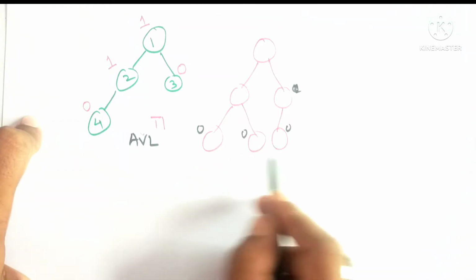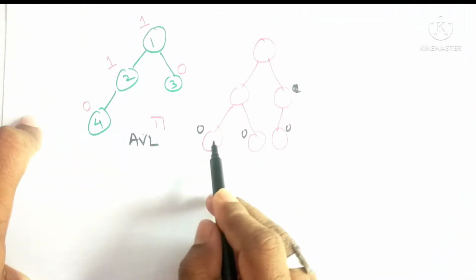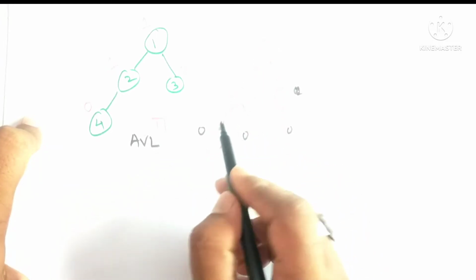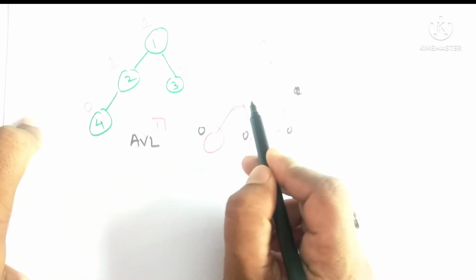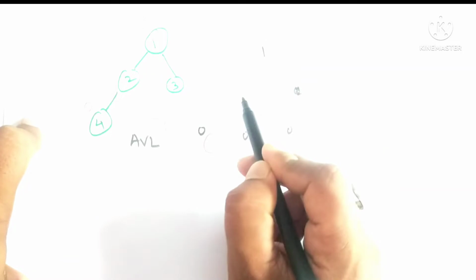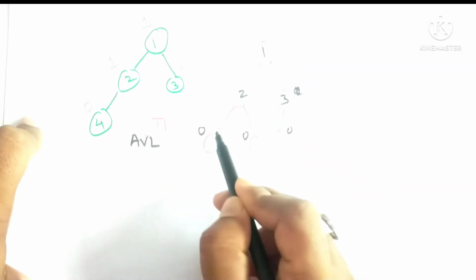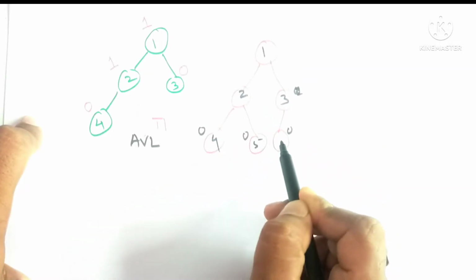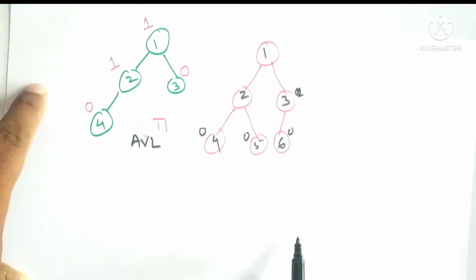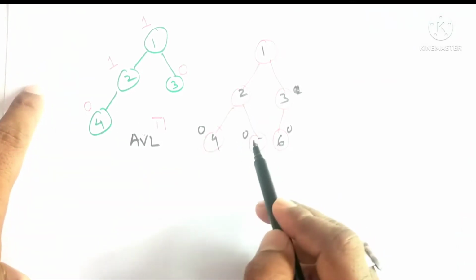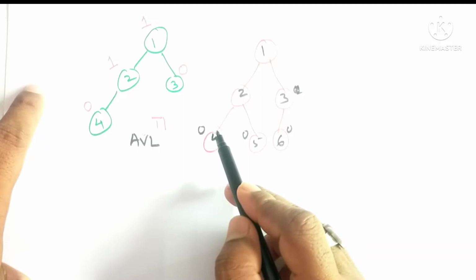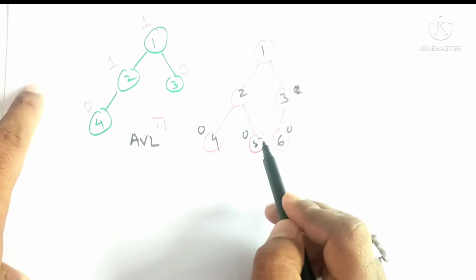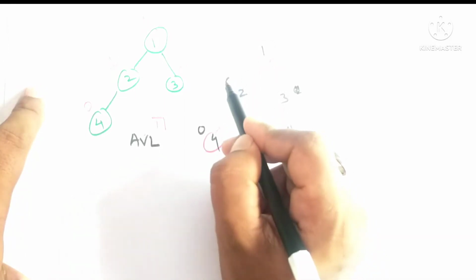All the leaf nodes have balance factor 0. Then think about the balance factor of the other nodes. If I name the nodes 1, 2, 3, 4, 5, 6, the balance factor of the second node is: the left subtree has height 1, the right subtree has height 1, and 1 minus 1 becomes 0.